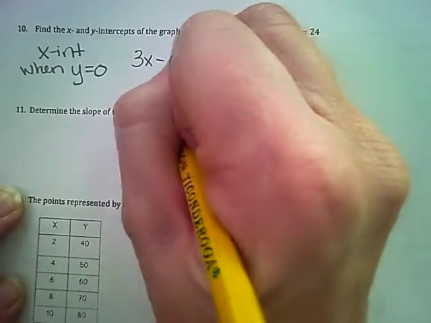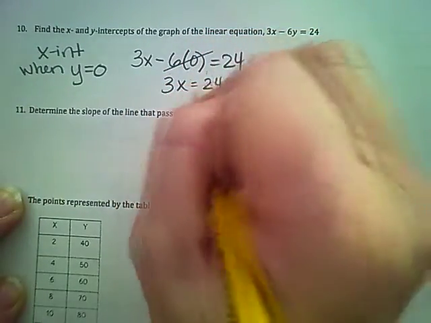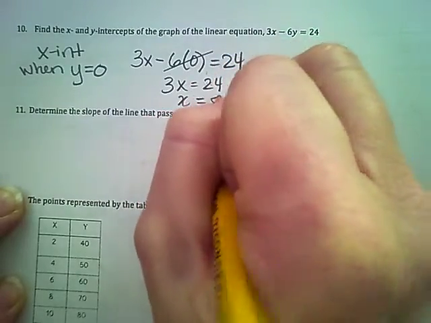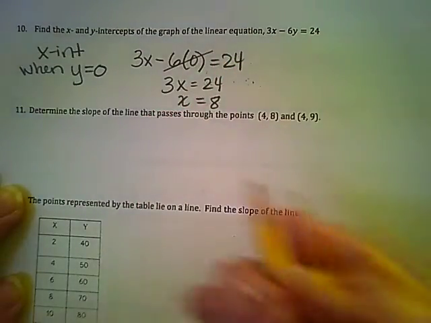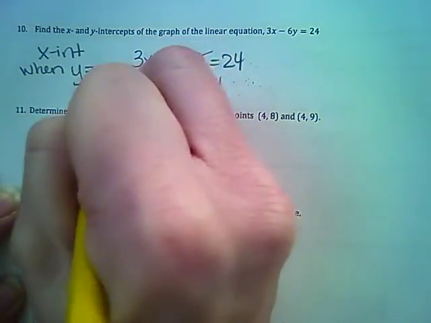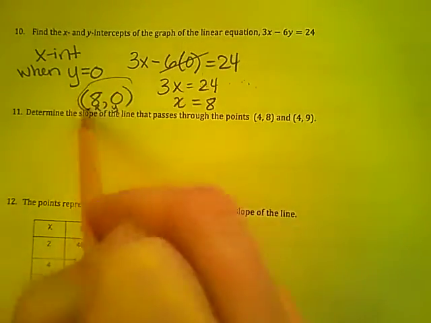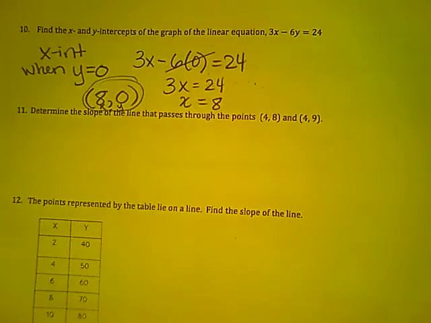So 6 times 0 is nothing, so 3x equals 24, x equals 8. Your x-intercept, therefore, is 8 comma 0. X is 8 when y is 0. That's your x-intercept.